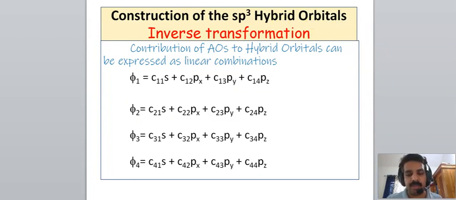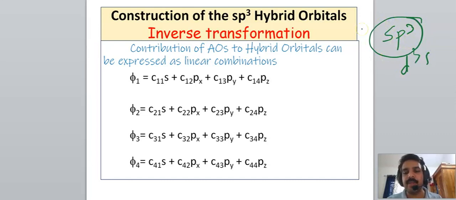And our next step is construction of sp3 hybrid orbitals. Now we got that tetrahedral hybridization will be sp3 or d3s. We are considering now sp3, and we want to find out the contributions of s and p orbitals in this hybrid orbital.